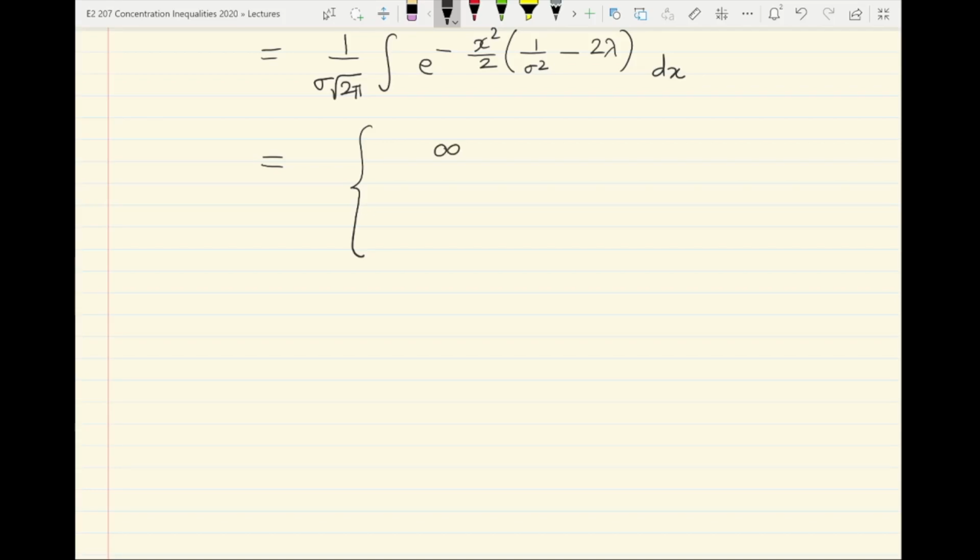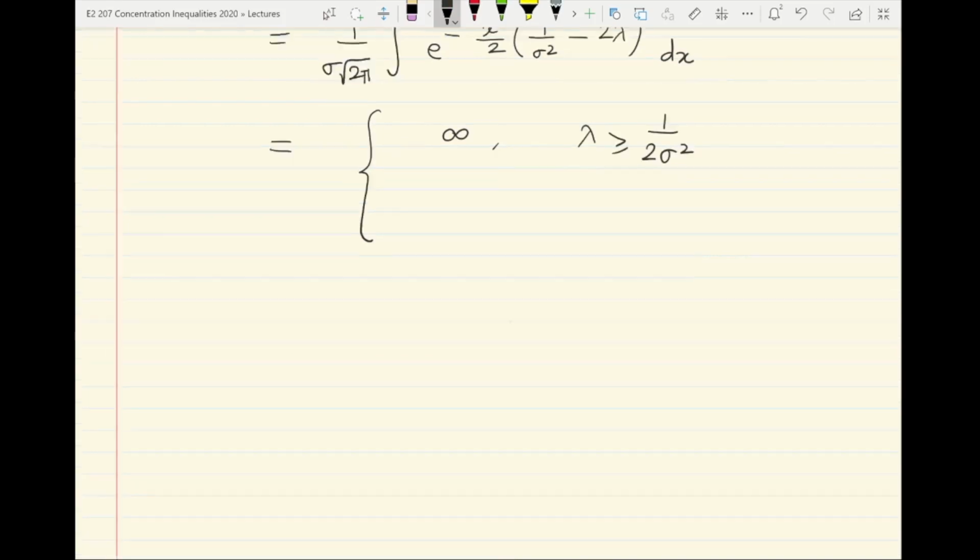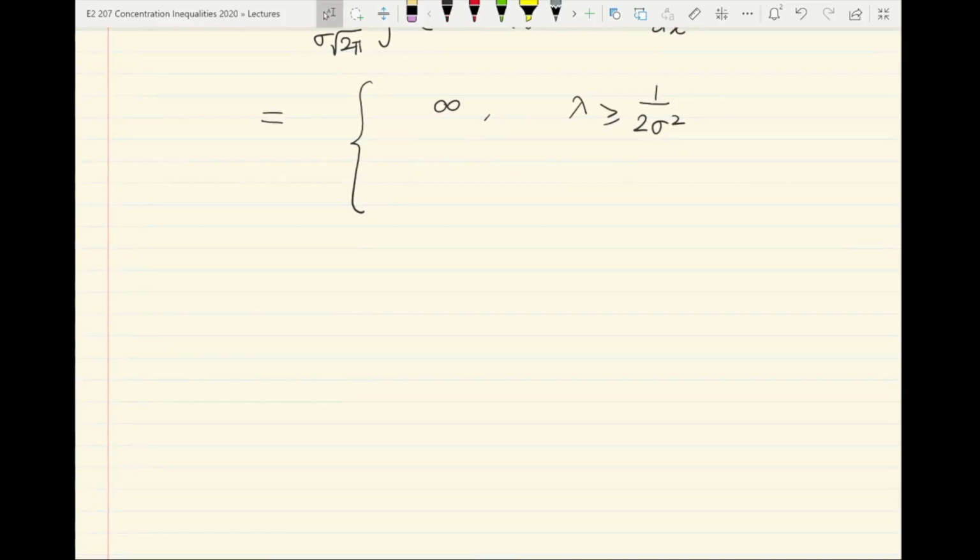So this is when lambda exceeds 1 over 2 sigma square, and otherwise you can integrate this explicitly to get 1 over square root of 1 minus 2 lambda sigma square otherwise. Okay, so if lambda is smaller than this critical value.